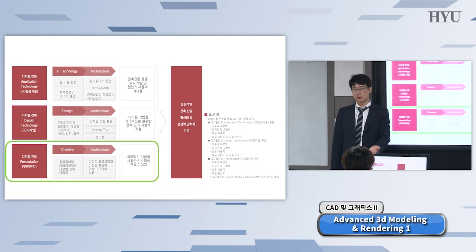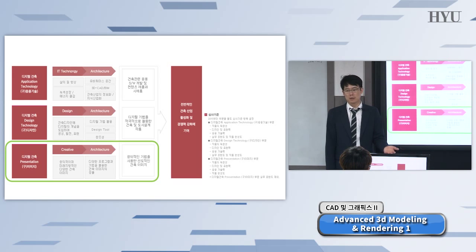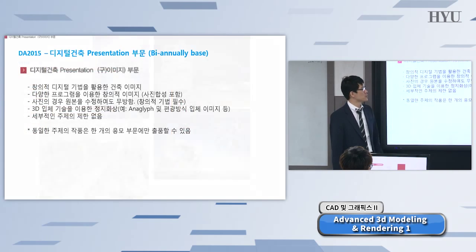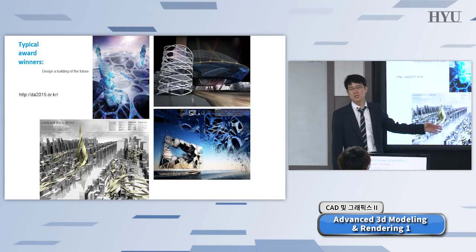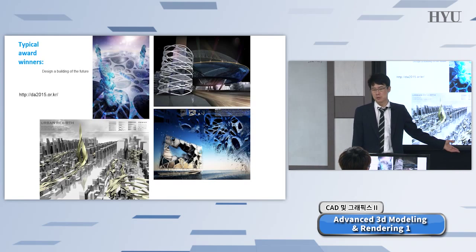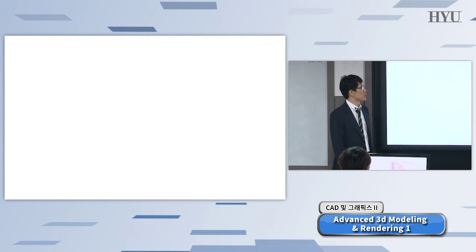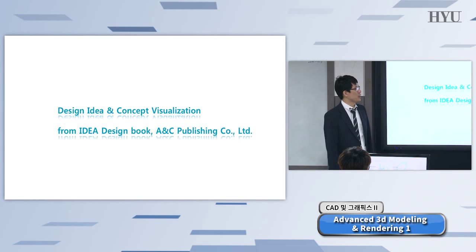Next week, you're going to learn animation making using 3D Max. Very intuitive and powerful. Anyway, something creative, even if it's based on your studio work. So more descriptions and examples, example websites. You have to refer to those award winners, good designs, experts' work, or professional visualizations. Okay.